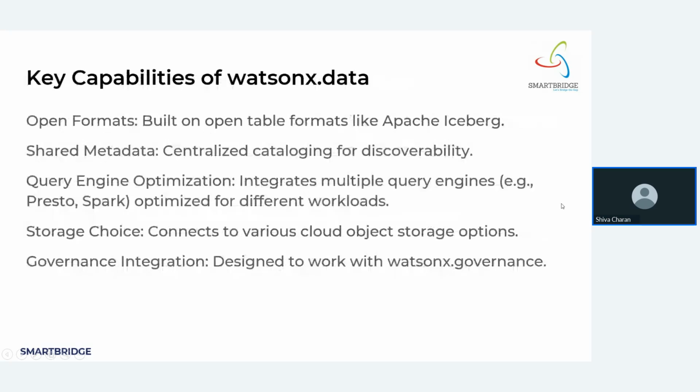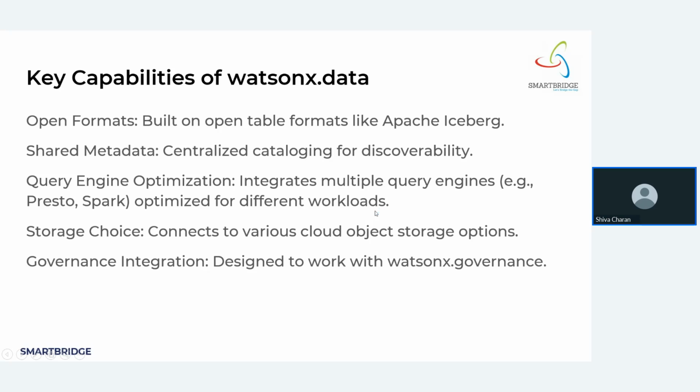Okay. So what are these key capabilities of watsonx.data? Open formats, built on open table formats like Apache Iceberg. Shared metadata, a centralized catalog for discoverability. Query engine optimization: it integrates multiple query engines like Presto and Spark, optimized for different workloads.